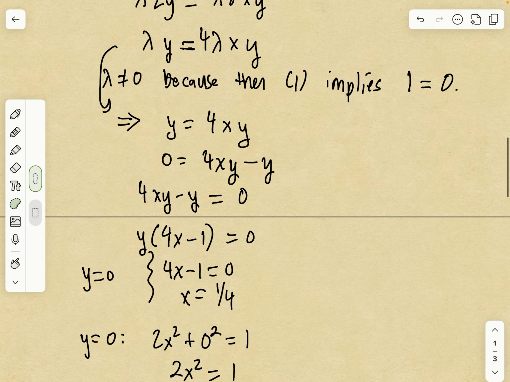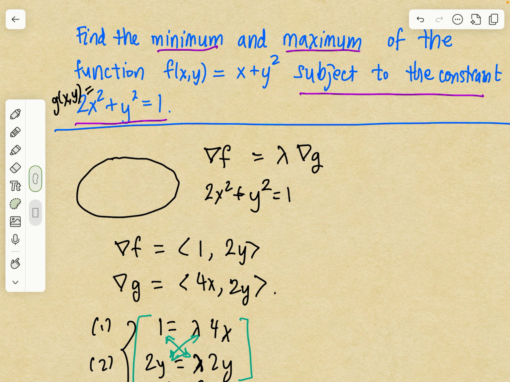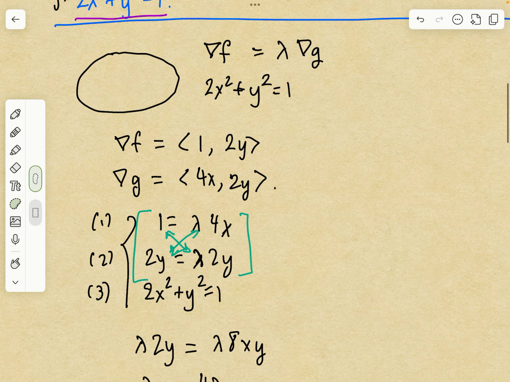Okay. So let's just review. This problem didn't say to use Lagrange multipliers, but we're supposed to figure out that that's what we're supposed to do. What gives it away is that you're trying to maximize and minimize the function subject to a constraint which is given by an equation. That's your G in the Lagrange multipliers.